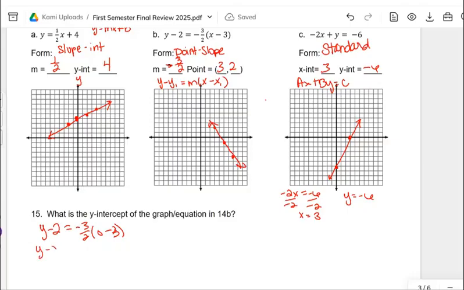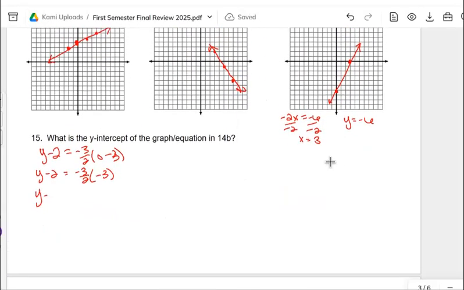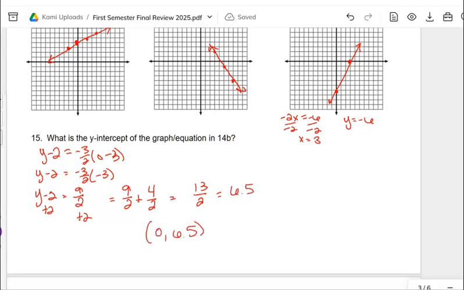So that's y minus 2 equals -3/2 times -3, which is then y minus 2 equals 9/2. I add 2 to both sides, which is the same thing as saying 9/2 plus 4/2, which is 13/2, or 6.5. If I wrote it in ordered pair, it'd be 0, 6.5.